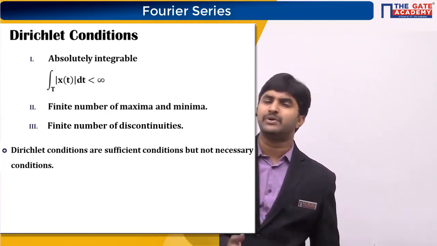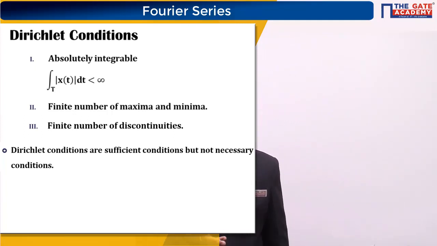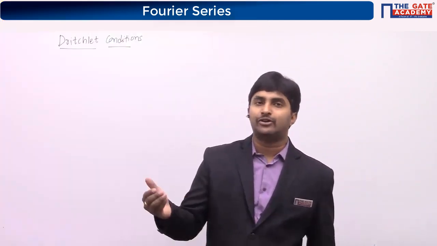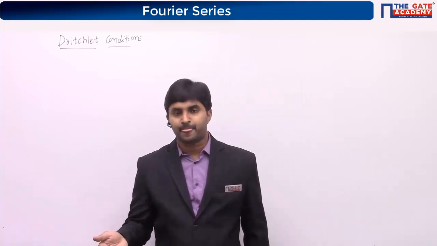This is because of the simple reason that the sine and cosine functions we have are smooth functions. These are continuous and also differentiable. But any periodic function may not be continuous, may not be differentiable.